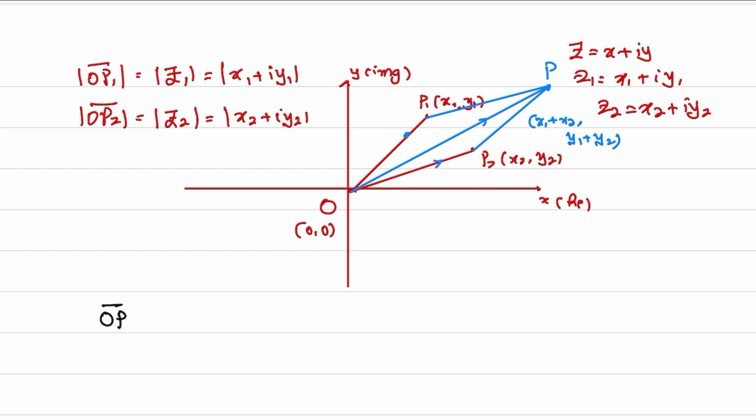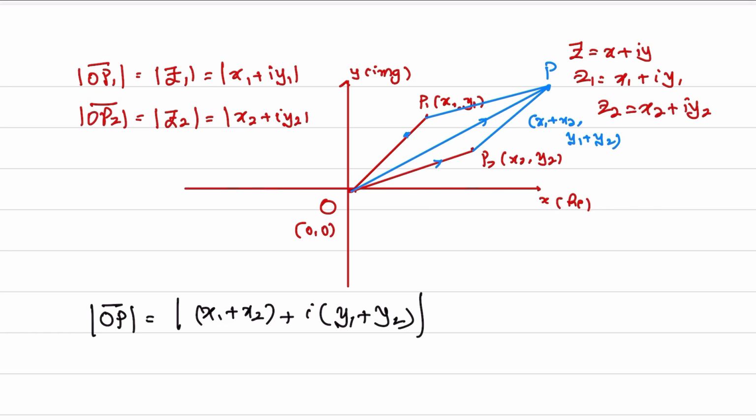Therefore, the resultant OP is equal to x1 plus x2 plus i into y1 plus y2. This is from the parallelogram law of vectors. This is how addition of complex numbers works.